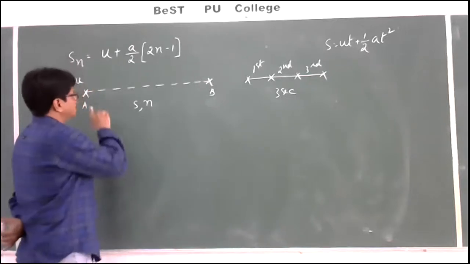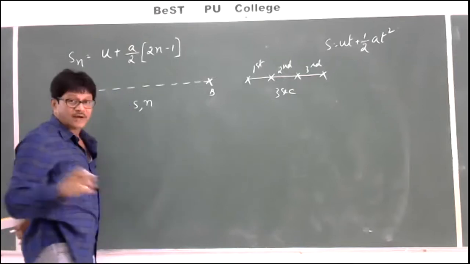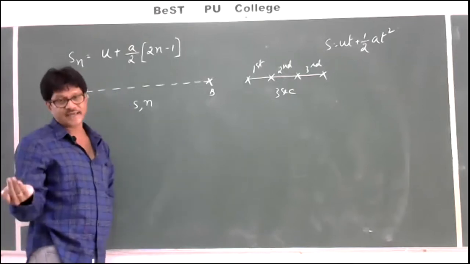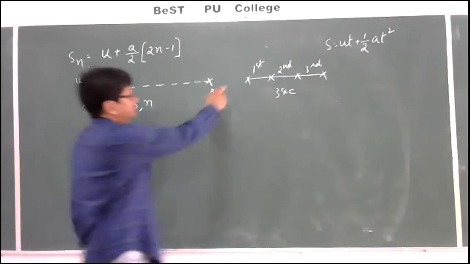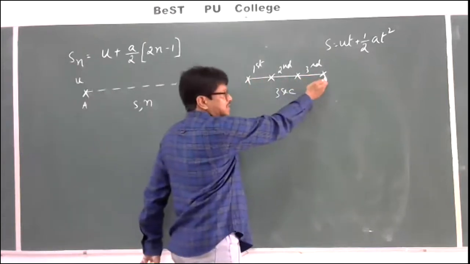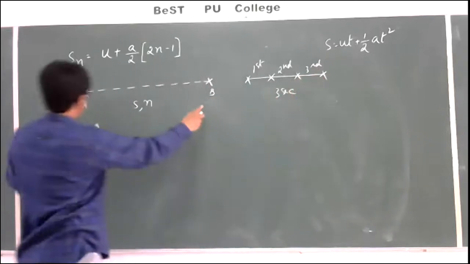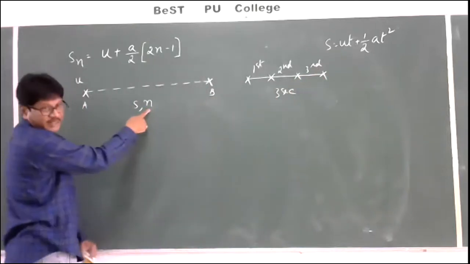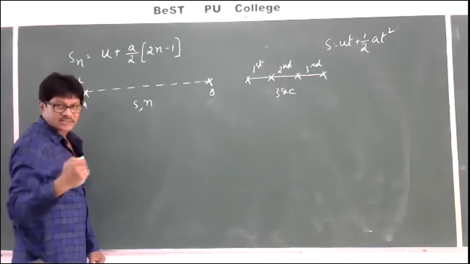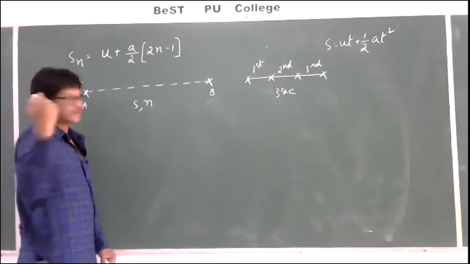Then he is asking us to find the distance traveled in the nth second. As I said, if the total time is 3 seconds, the third second will be the last second. Since here the total time is n seconds, the nth second will be the last second.